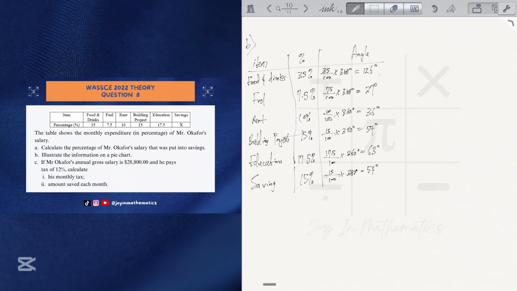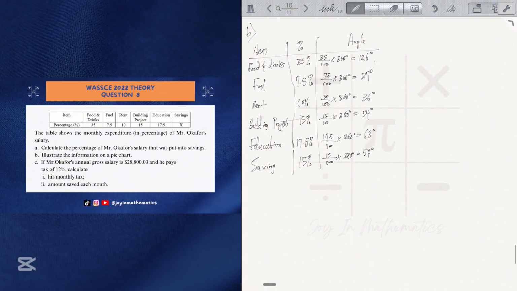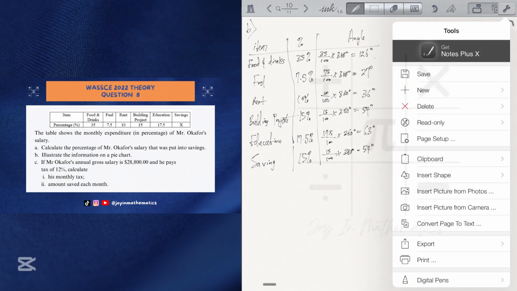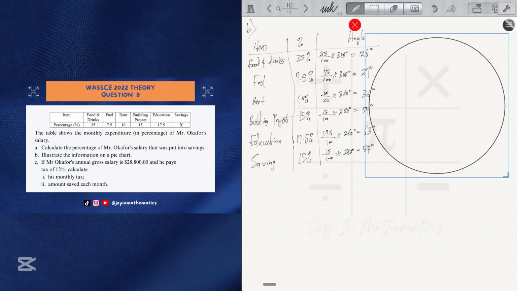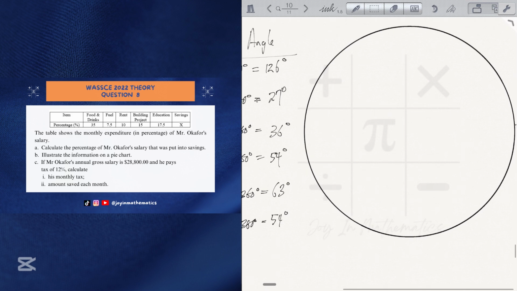Now we are just going to sketch the pie chart, since we do not have a protractor to measure the angle. The pie chart is a circle with a center position here.